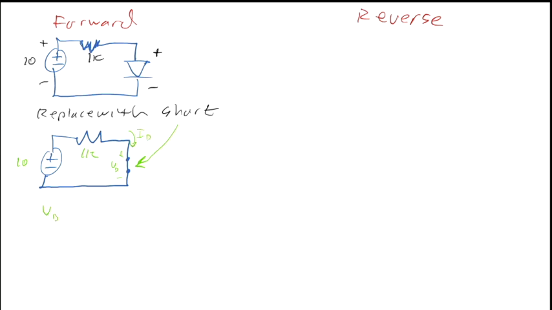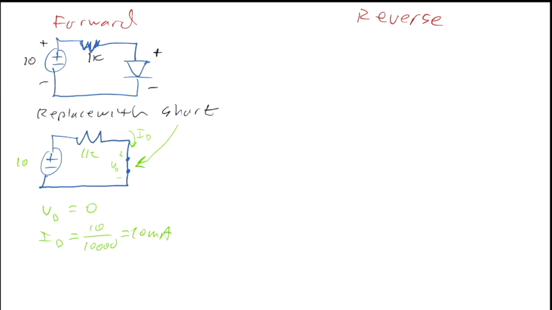So the voltage across the diode is equal to 0, right? And the current in the diode is just 10 volts divided by 1K, or 10 milliamps. And that's remarkably close to what the real answer would be. It's not quite that, but it's remarkably close.